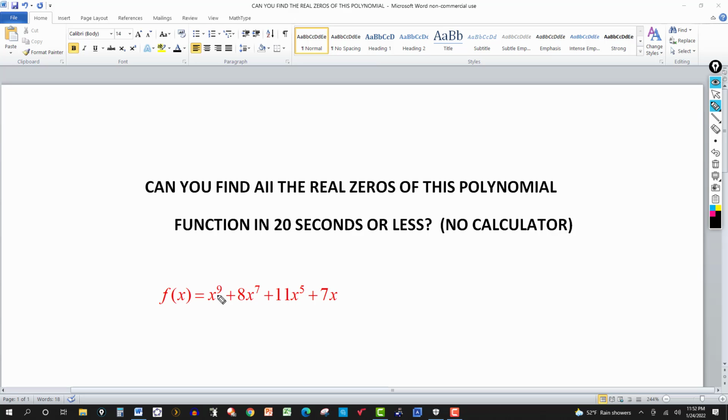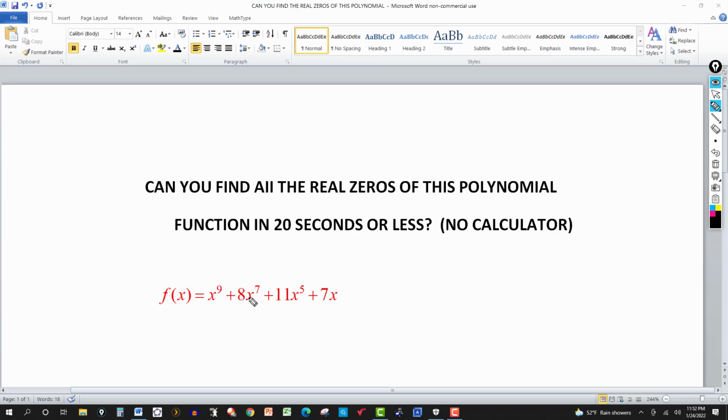This is a ninth degree polynomial. So the theory of polynomials would suggest that this has 9 zeros. Now it could be imaginary zeros, real zeros. But it turns out that this one only has one real zero.